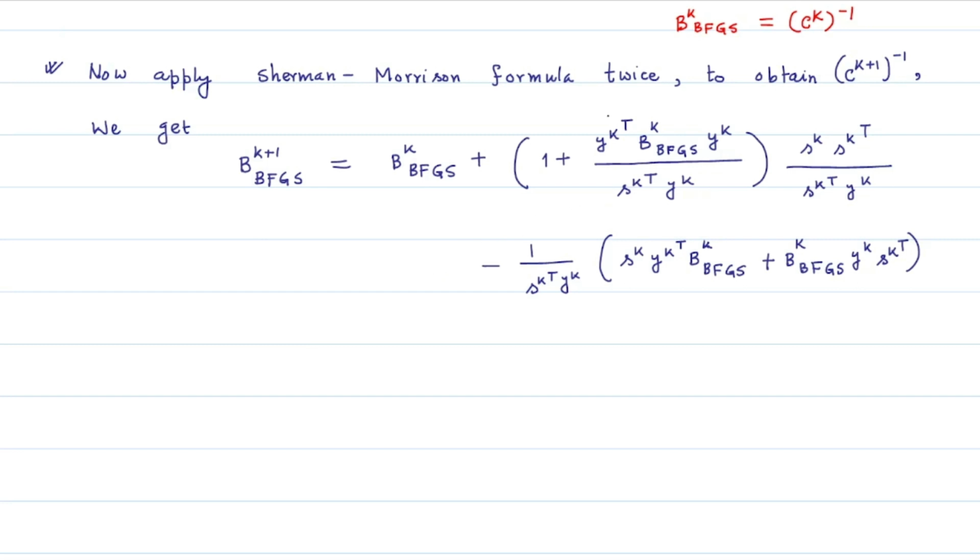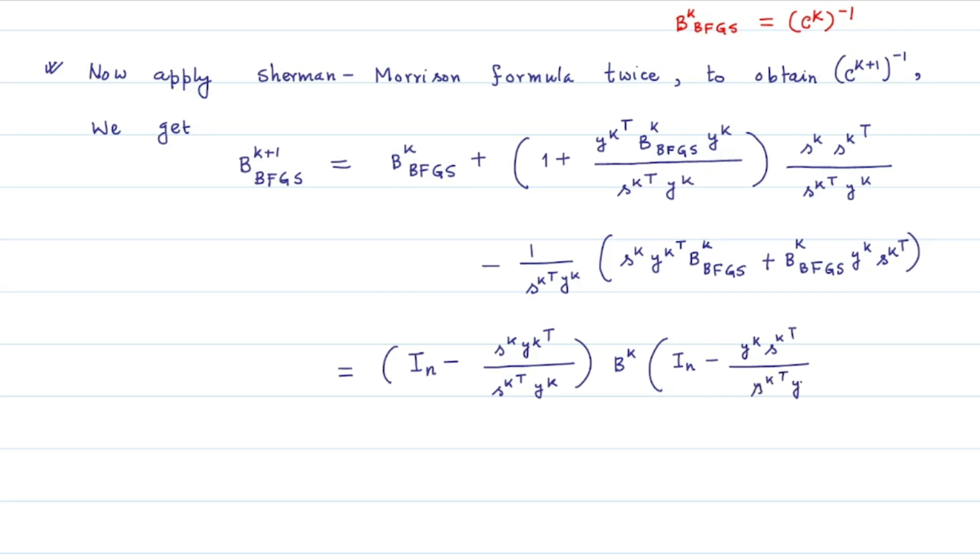This entire expression may look a bit odd. We can write it in a more compact manner as the identity matrix of order n minus sk yk transpose divided by the scalar sk transpose yk, times Bk, times In minus yk sk transpose divided by sk transpose yk, plus sk sk transpose divided by sk transpose yk.